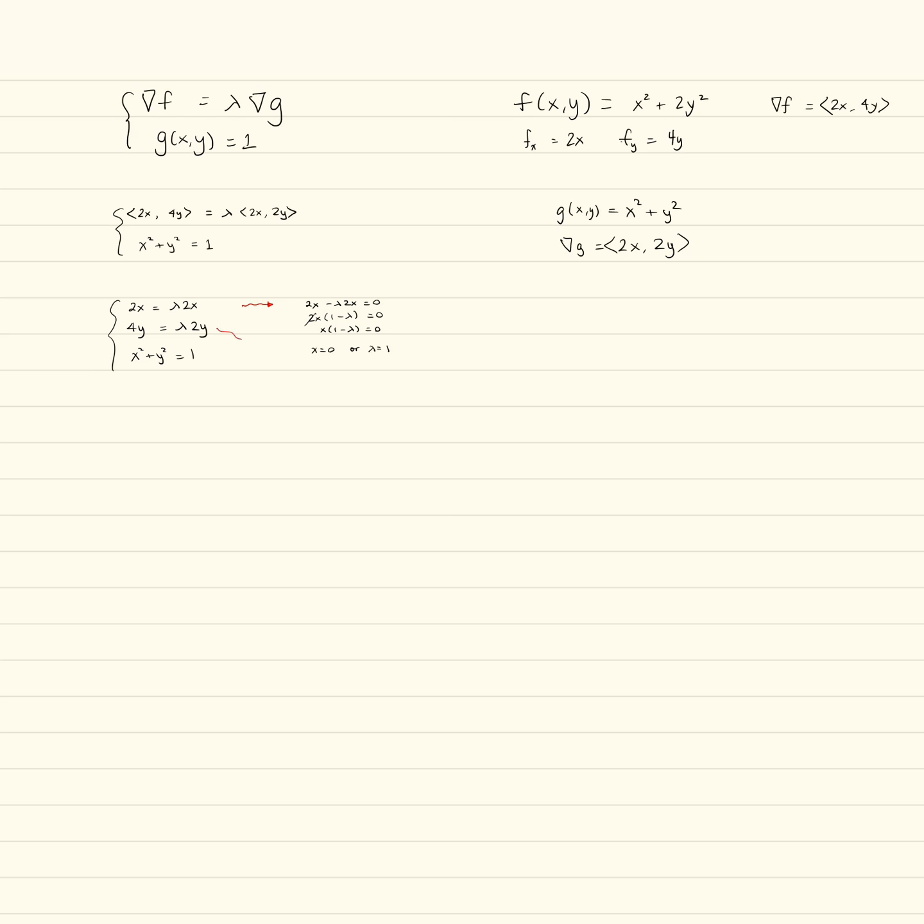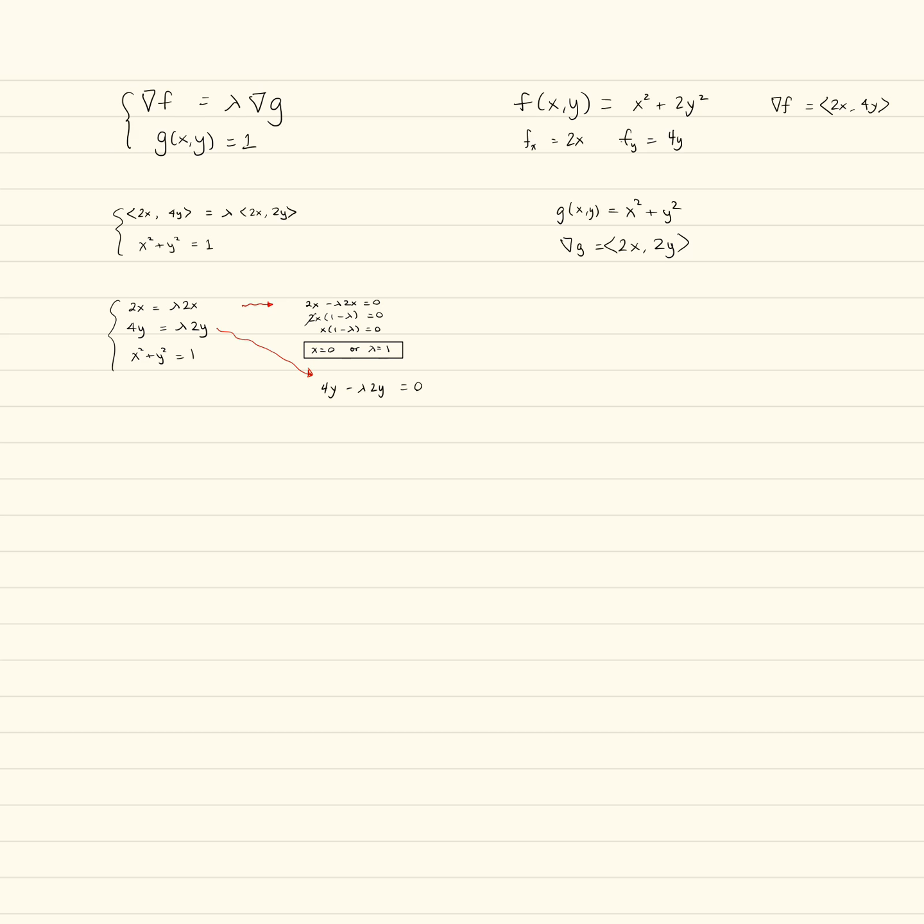Let's look at the second equation. What information are we gleaning from the second equation? From the second equation, we are saying that 4y minus lambda times 2y equals 0.